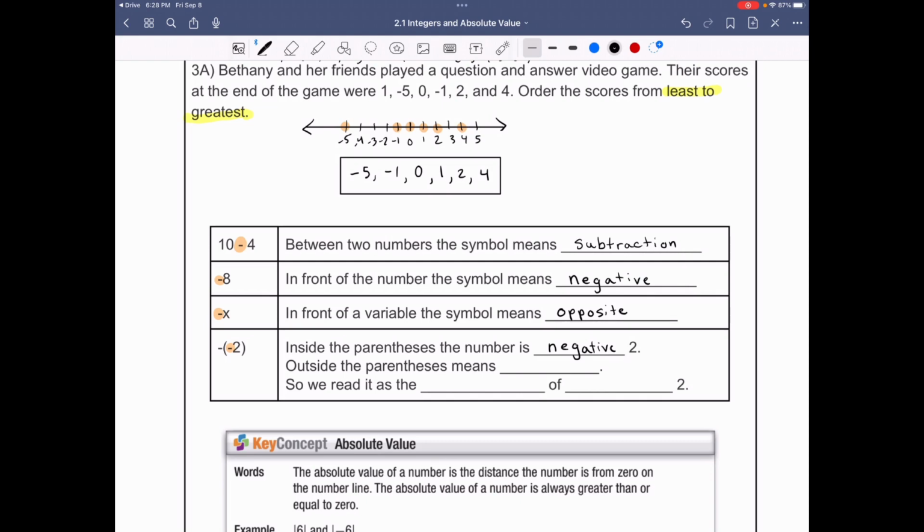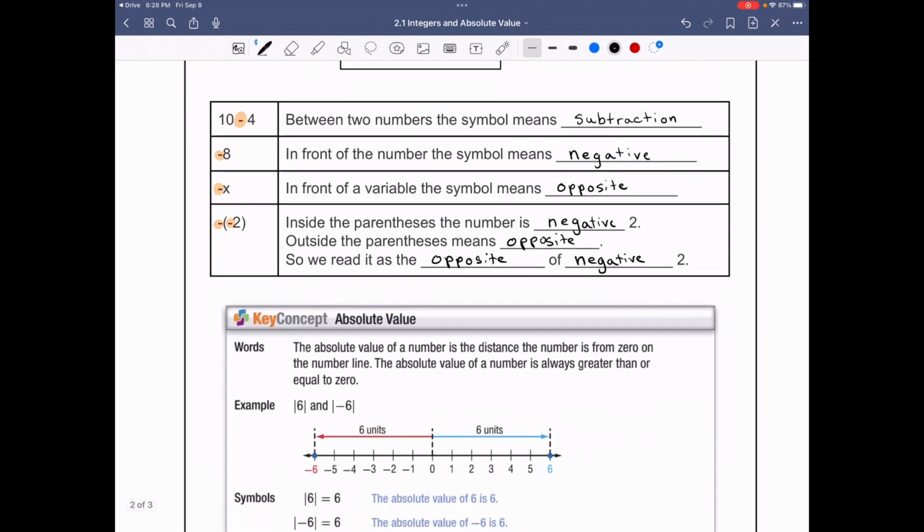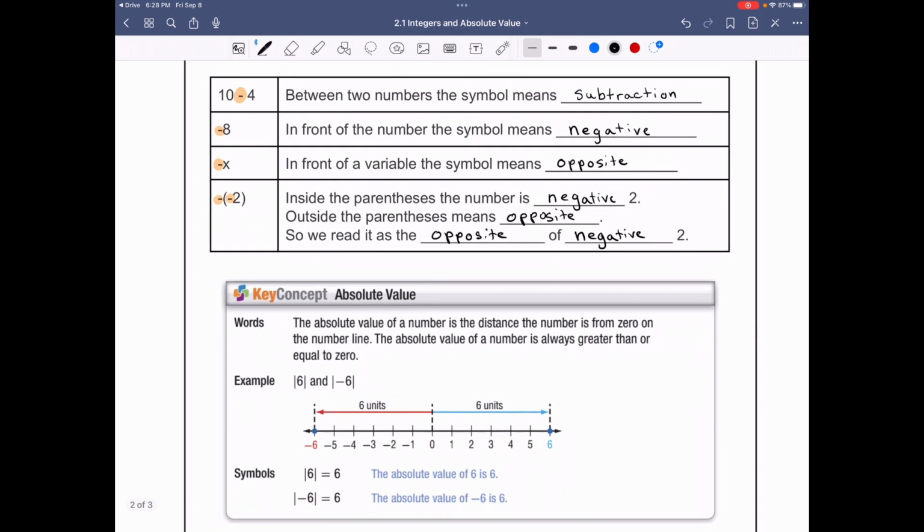And if it's on the outside of the parentheses, it means opposite. So the way we read this is the opposite of -2. So it's important to be able to read minuses and negatives when we're dealing with integers.